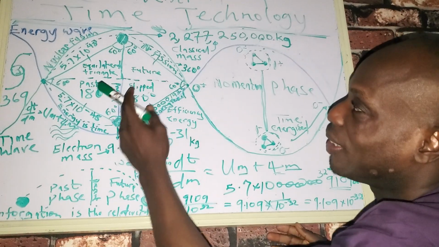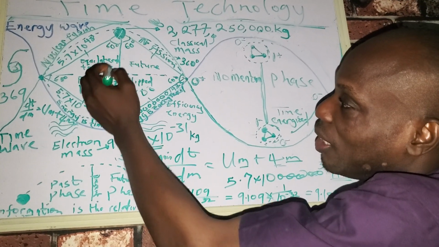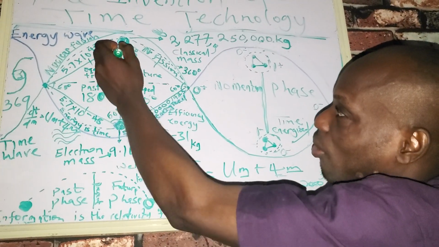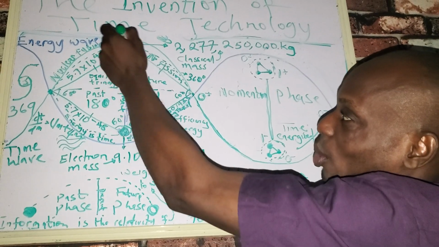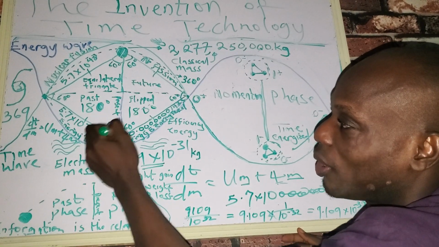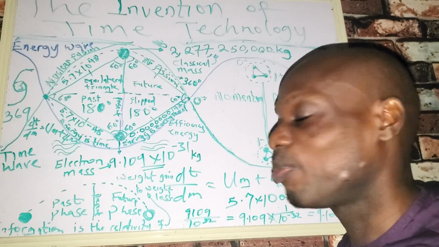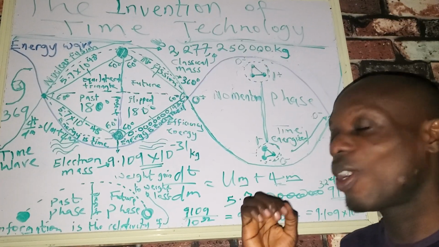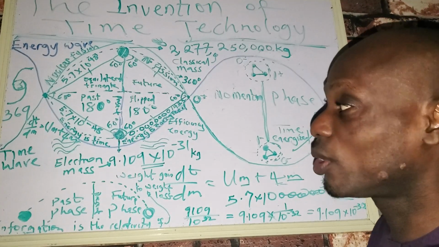Now, when you look at it, the past portion of the now that we have is the classical portion, which is the classical realm, while the future is the quantum realm. So I'm going to use that to explain the whole situation.